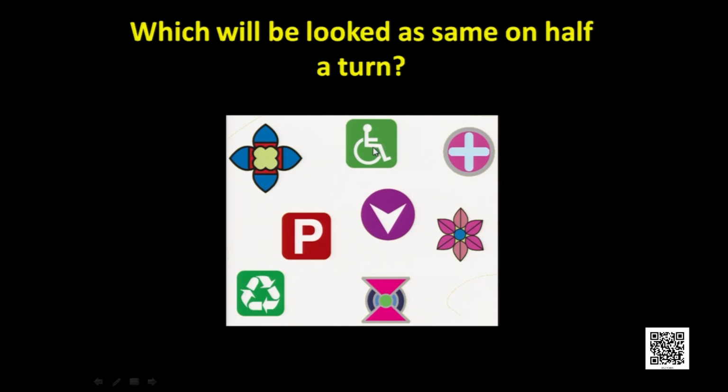But in this case, a person sitting on a wheelchair, if I make a half a turn, will it look same? Definitely no. Now you see this. Yes, on a half a turn, it looks same. Similarly, you can find out which other pictures are looking same on a half a turn.